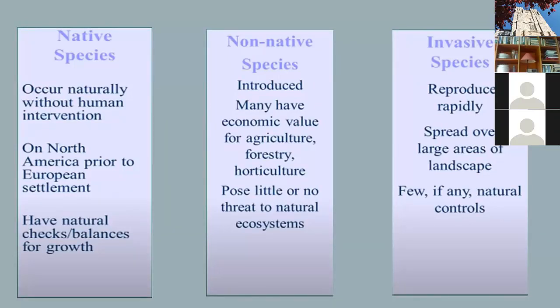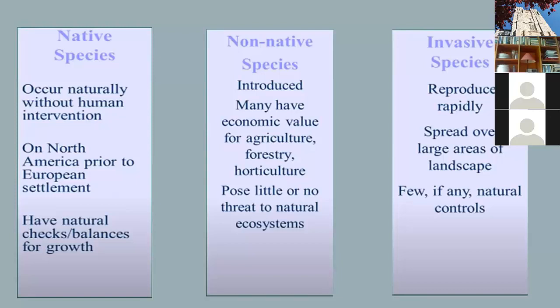There are non-native species. Usually they pose little or no natural threat, but there are some that have become invasive and pose a serious ecological threat. Yeah, and there's also some native species that are considered aggressive.